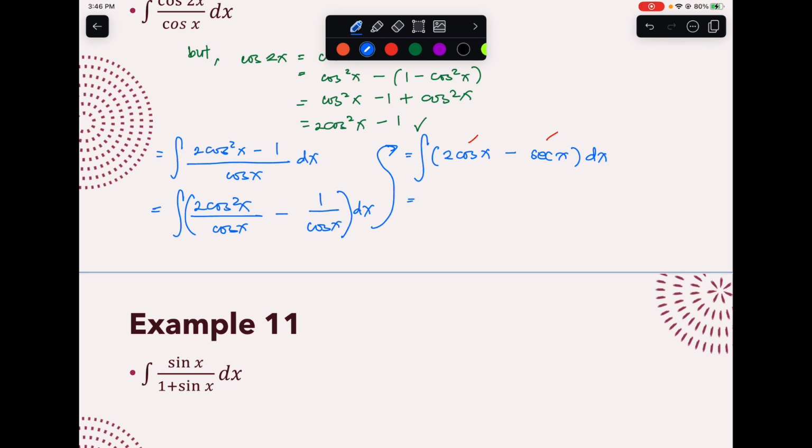Okay, so the integral of 2 cosine will be positive sine, so we'll have 2 sine x. And then for secant, we have minus ln of secant x plus tangent x plus c.